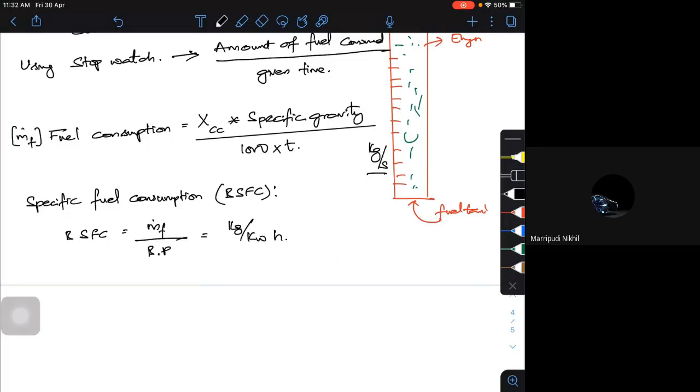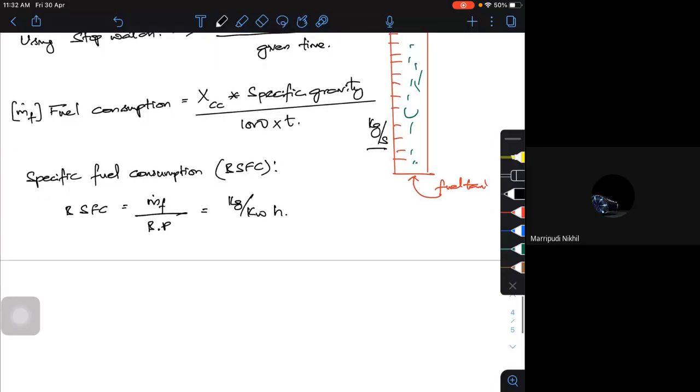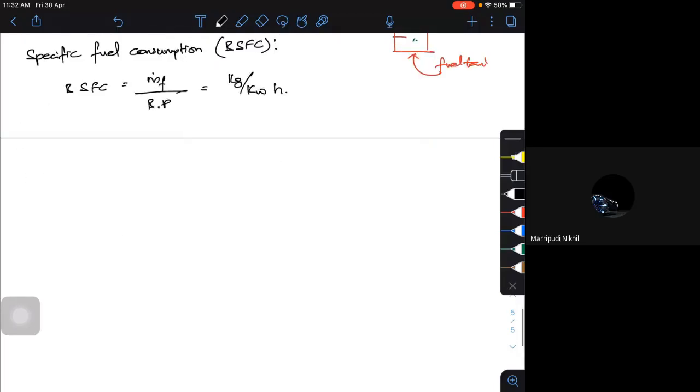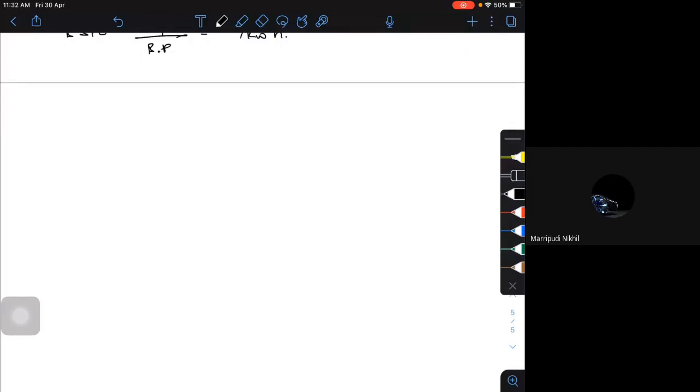Whenever fuel is burnt in an IC engine, part of it gets converted to brake power, which comes out as shaft power.